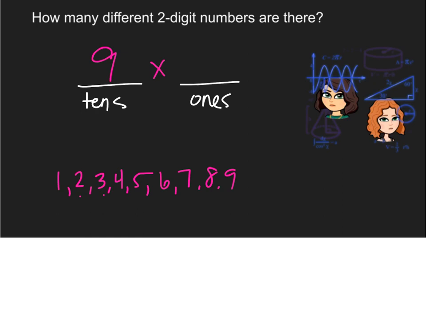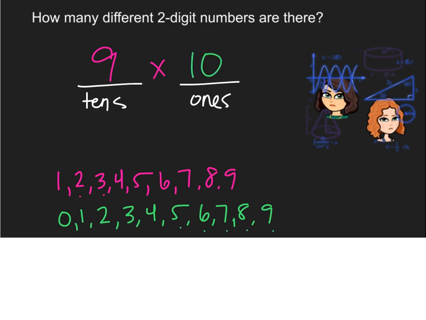Then my ones place. Okay, so for my ones place, I have 0, 1, 2, 3, 4, 5, 6, 7, 8, and 9. So that is 1, 2, 3, 4, 5, 6, 7, 8, 9, 10 options for my ones place.